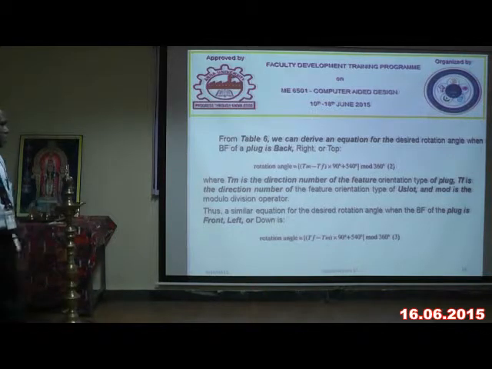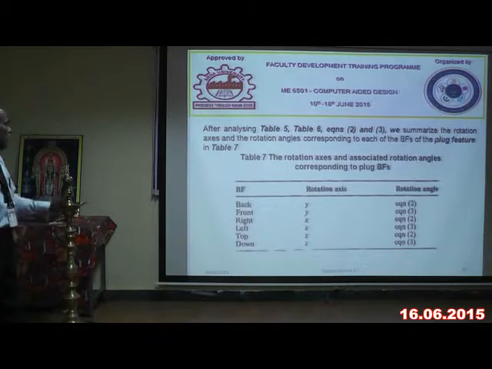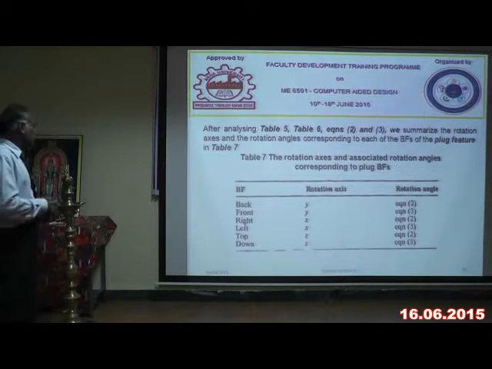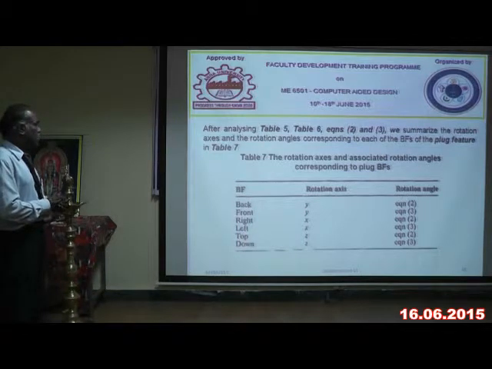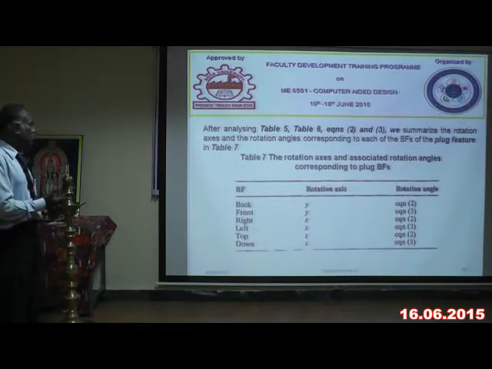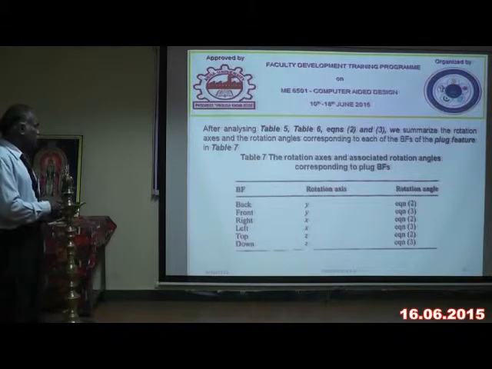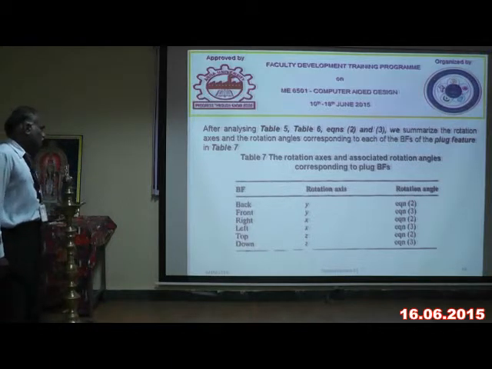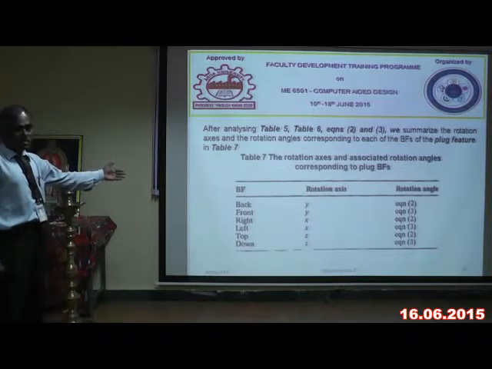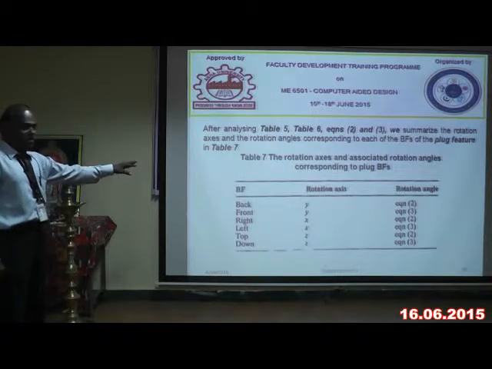Next, after analyzing tables 5 and 6 and also equations 2 and 3, we summarize the rotation axis and the rotation angles corresponding to each of the boundary faces of the plug features in table 7. Back, front, right and so on give the side, rotation angles, position and the rotation equations.